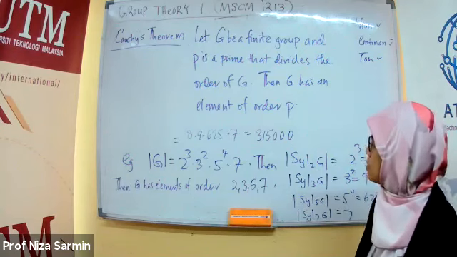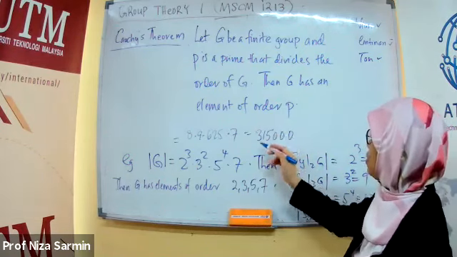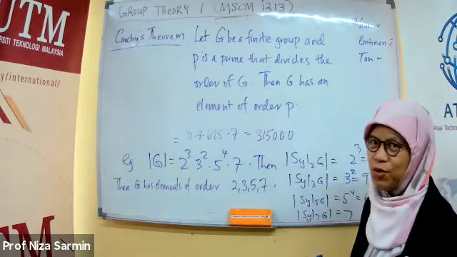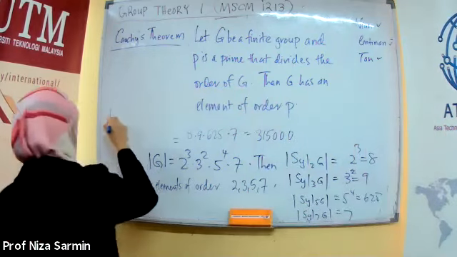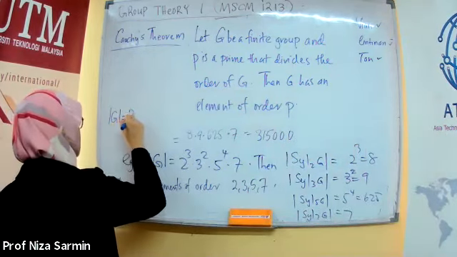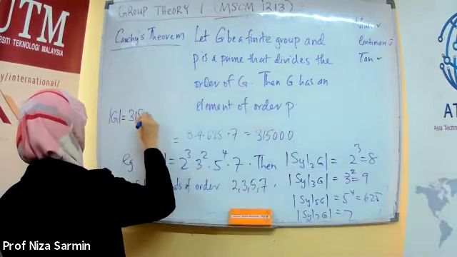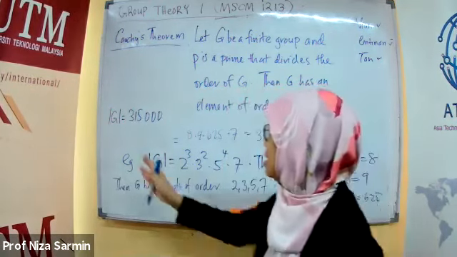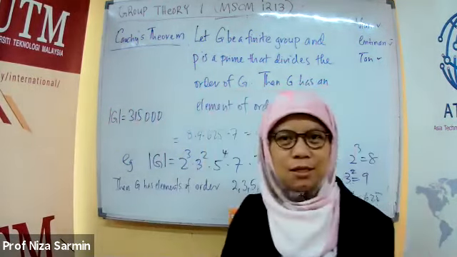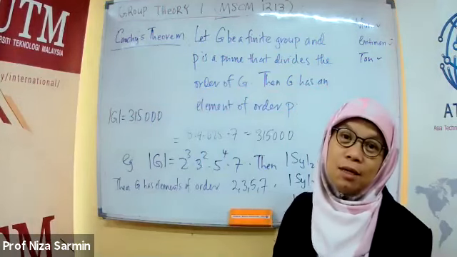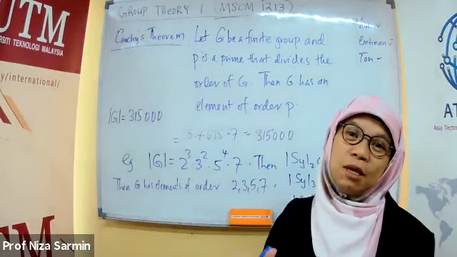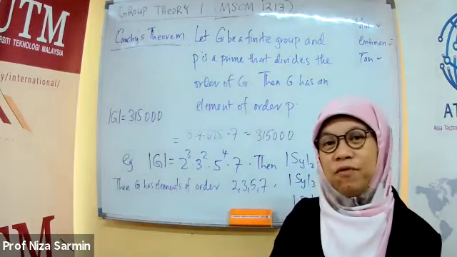Okay, so if I give you a question, I don't give it like this. That's too easy. So if G has this order, first question, find all possible subgroups that G must have.